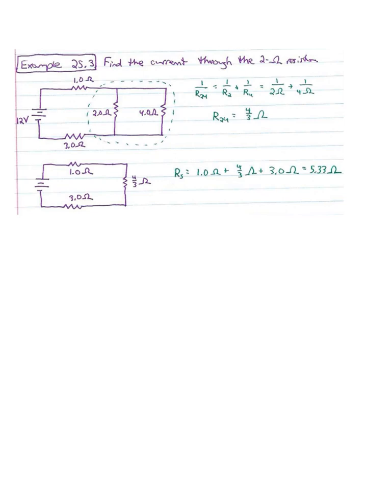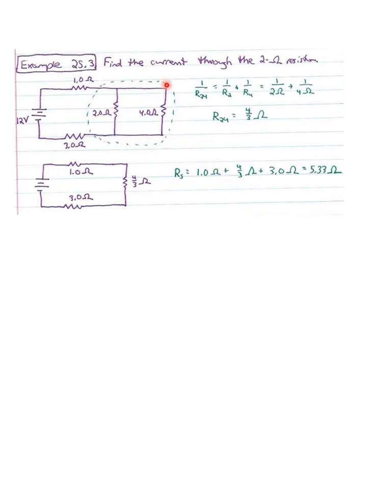Example 25.3 says, find the current through the 2 ohm resistor in the circuit. Well, in order to find the current through any of these, we have to get an idea of what the whole current is. And that starts with figuring out the total effective resistance. Ultimately, we want to know the current through this 2 ohm resistor. So we're going to break this down and find the total effective resistance.